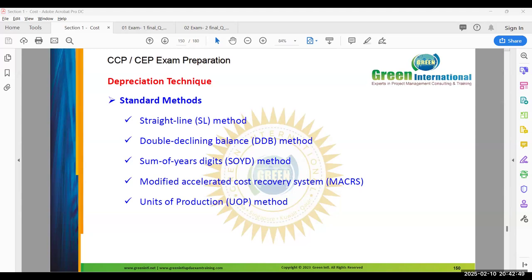Can you give us an example? I think that will be easy. My white screen is not coming.